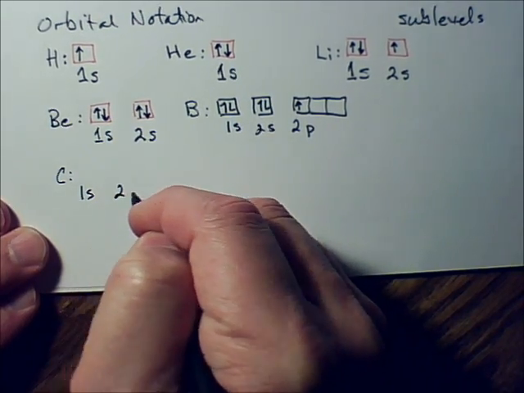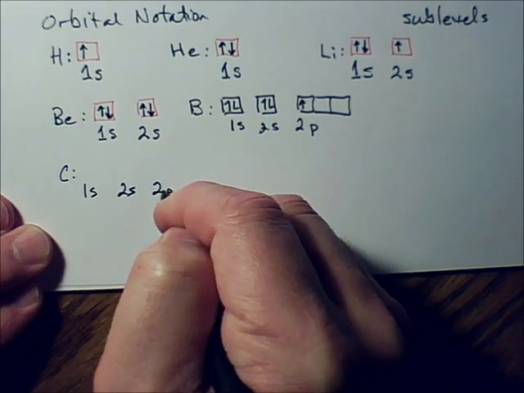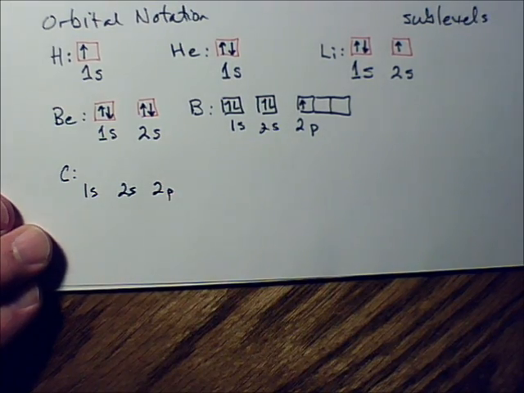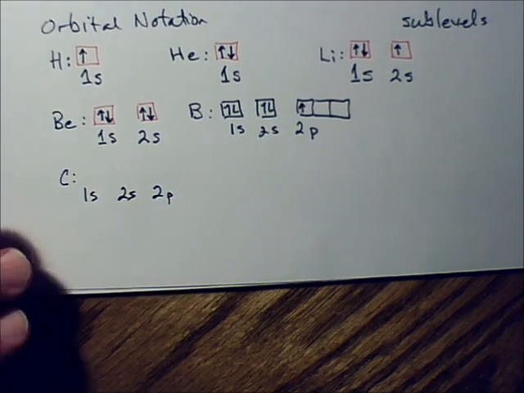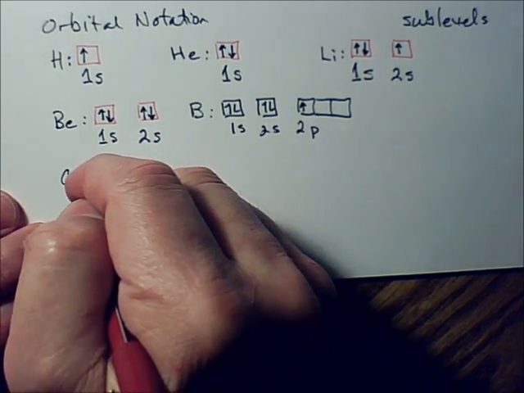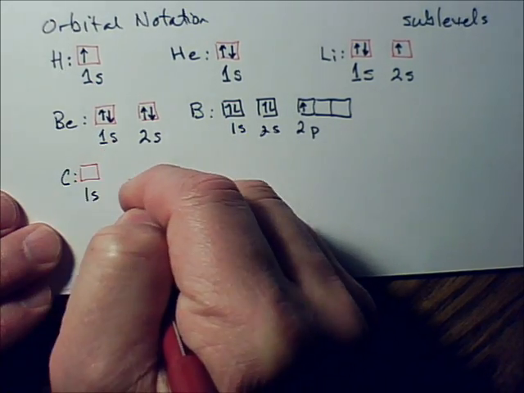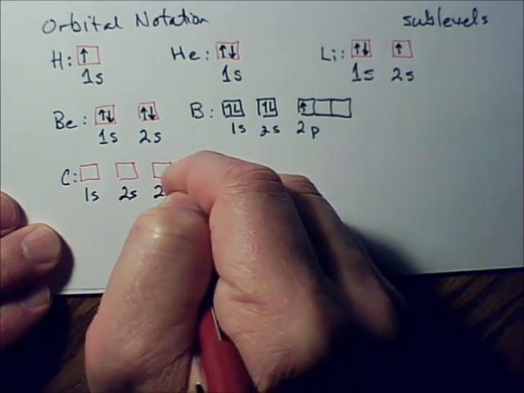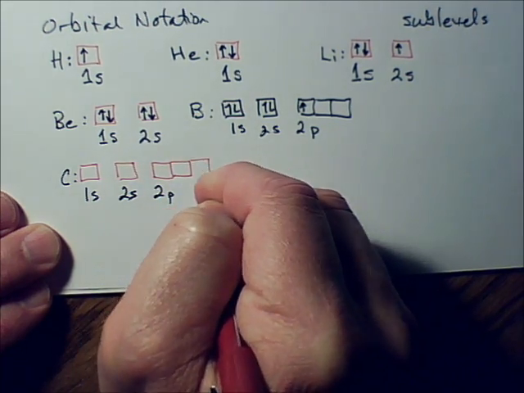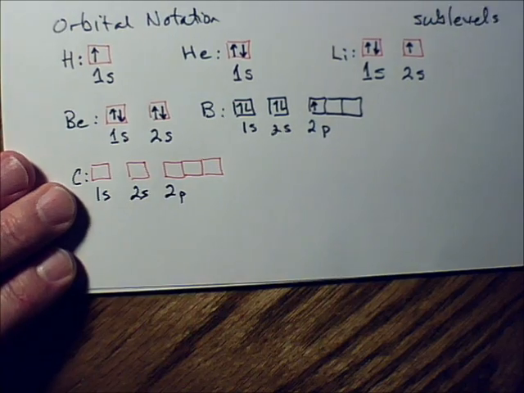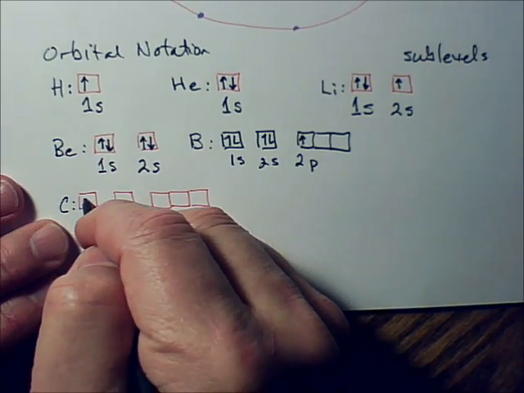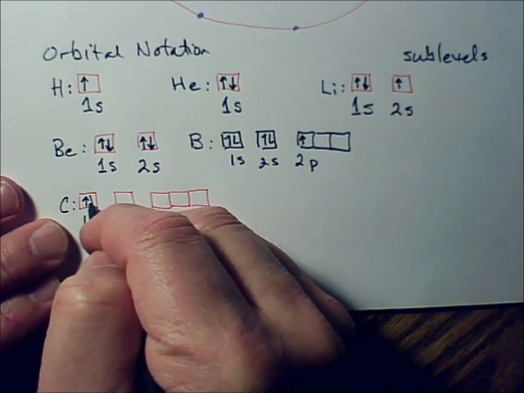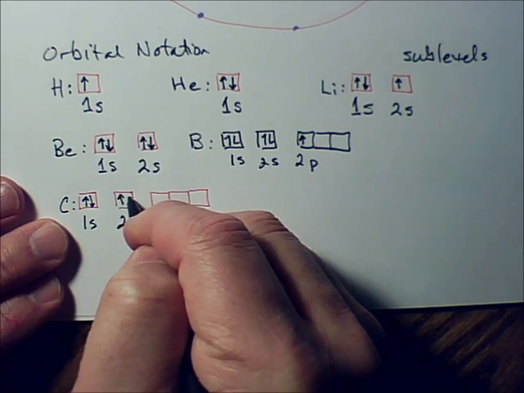1s, 2s, and 2p. Okay? One orbital in the s sublevels, 3 orbitals in the p sublevels. Okay? First 2 orbitals filled up with 2 electrons.